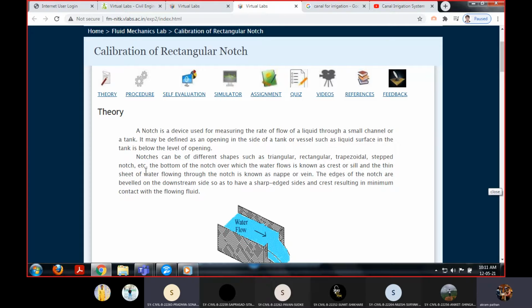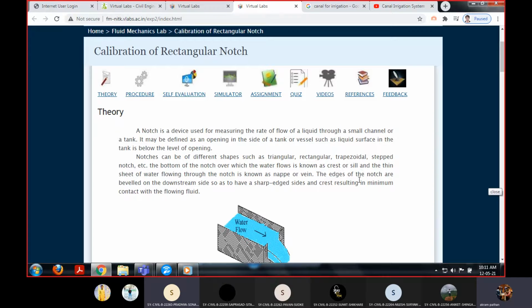The bottom of the notch over which the water flows is known as the crest or sill, and the thin sheet of water flowing through the notch is known as nappe or vein.